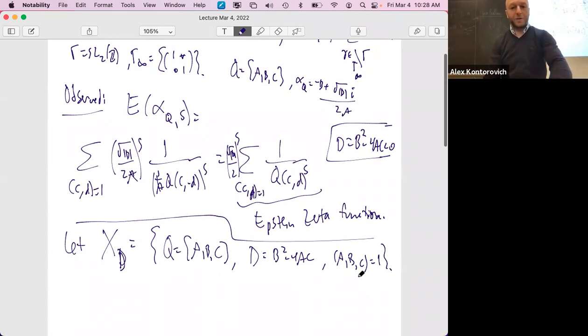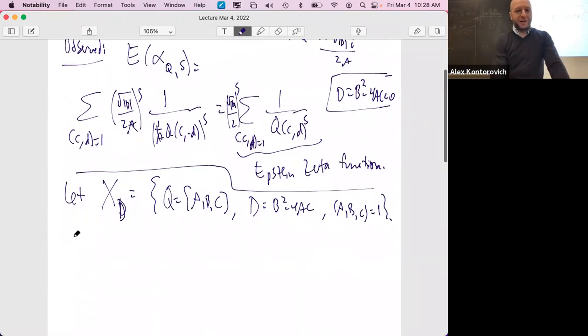There's an action of SL2Z on these quadratic forms, replacing Q by Q composed with gamma. That's a change of variables, invertible, so proper equivalence. And the class group C_D is exactly this set X_D modulo gamma.